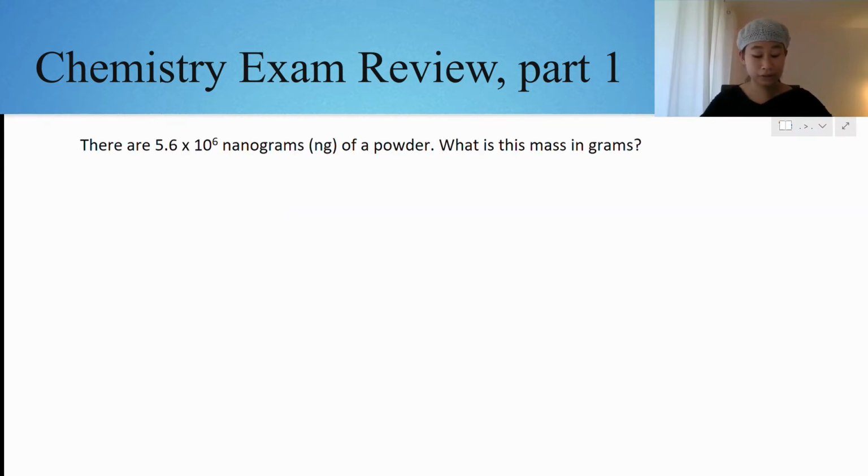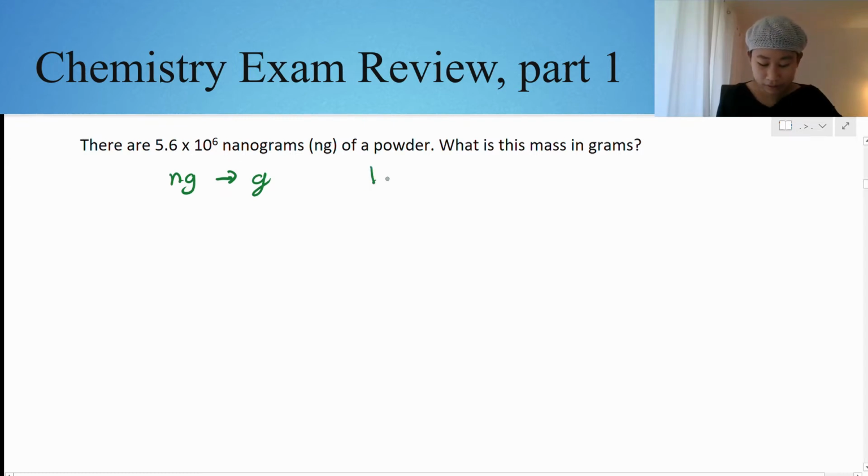There are 5.6 times 10 to the 6th nanograms of a powder. What is this mass in grams? We know that we are going to start with nanograms and we're going to convert this to grams. So with this we know that in 1 gram there are 10 to the 9 nanograms.